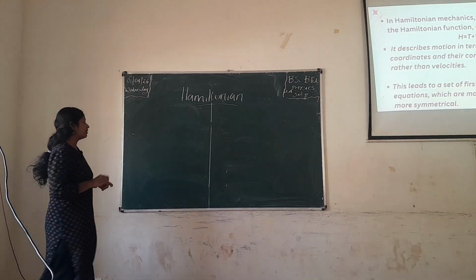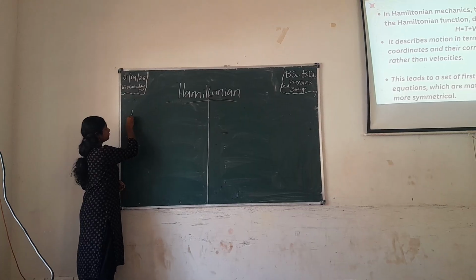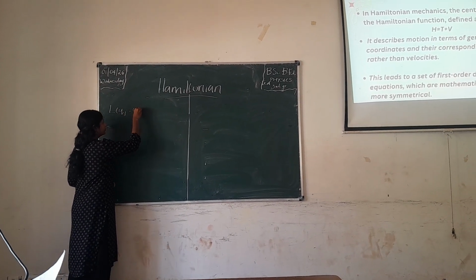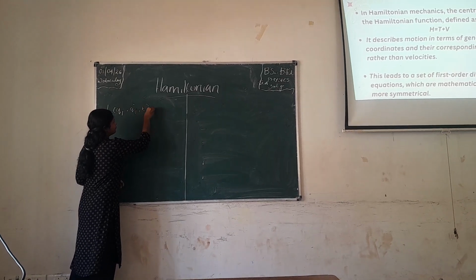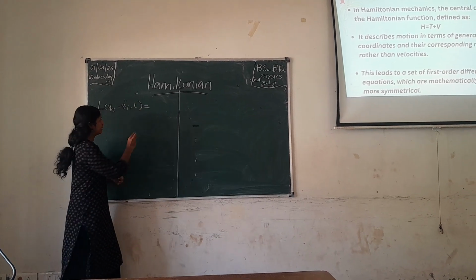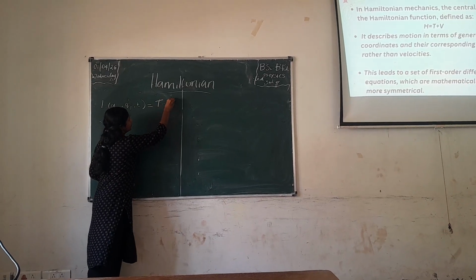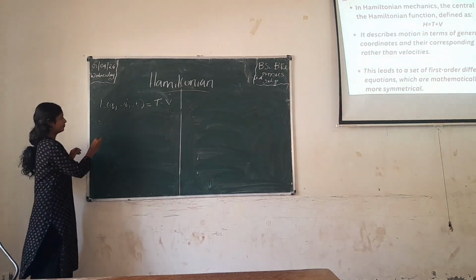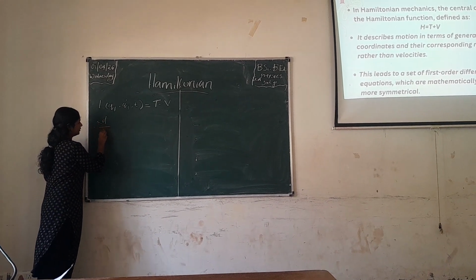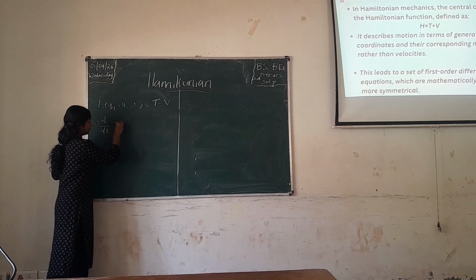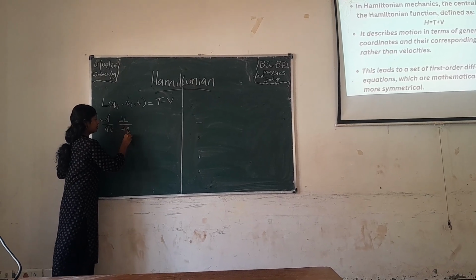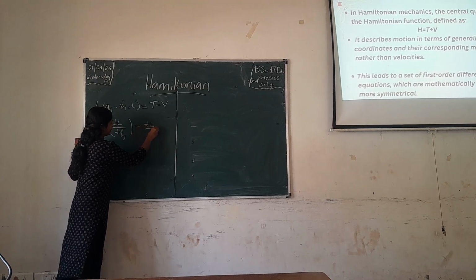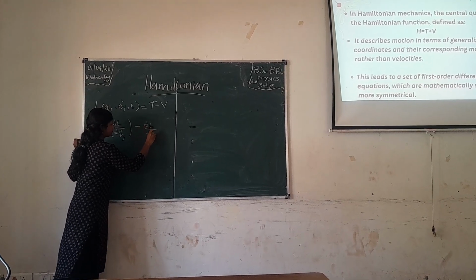What is the equation for the Lagrangian? L equal to T minus V. And what is the Euler-Lagrange equation? d by dt of dou L by dou qj dot, minus dou L by dou qj, equal to 0.